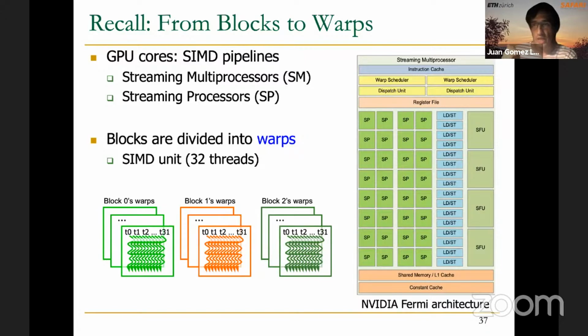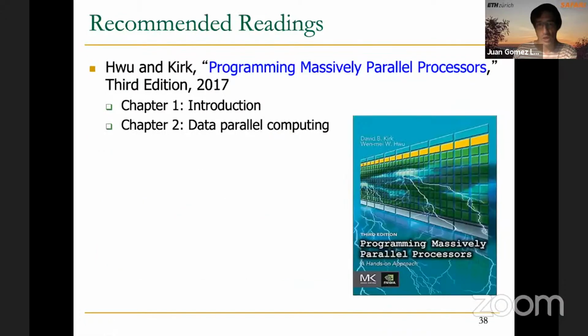Recall as well that after assigning the blocks to the GPU cores, they are divided into warps, and these warps are SIMD units of 32 threads that are executed instruction after instruction on the available SIMD lanes of the SIMD engine that each of the cores is.